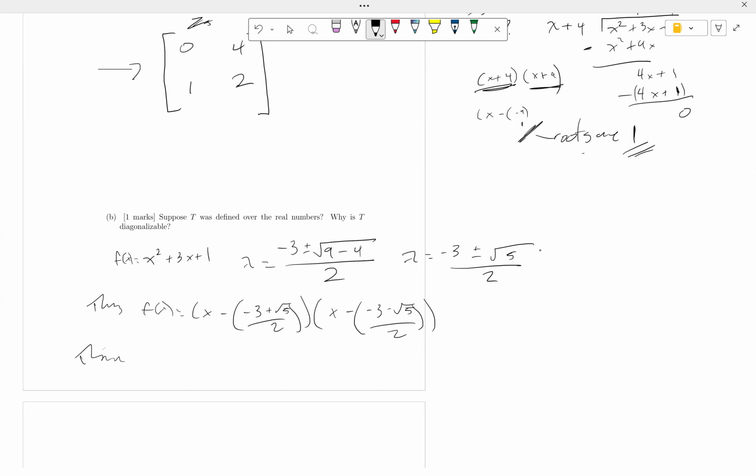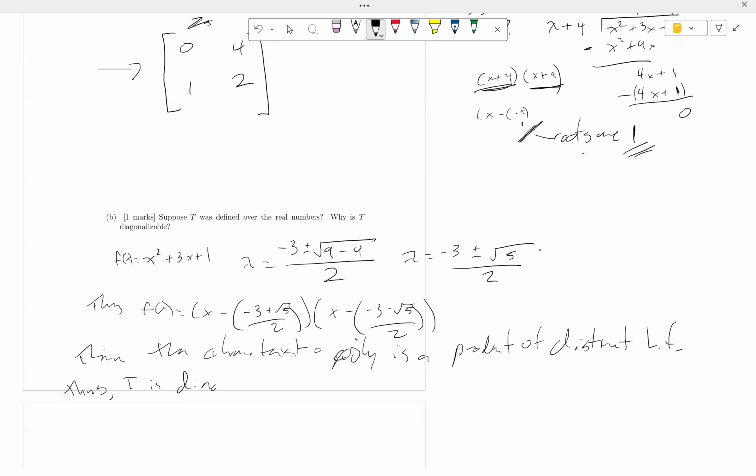Therefore, the characteristic polynomial is a product of distinct linear factors. Thus, T is diagonalizable.